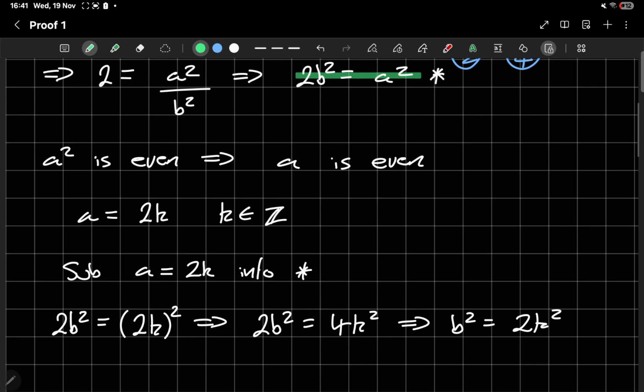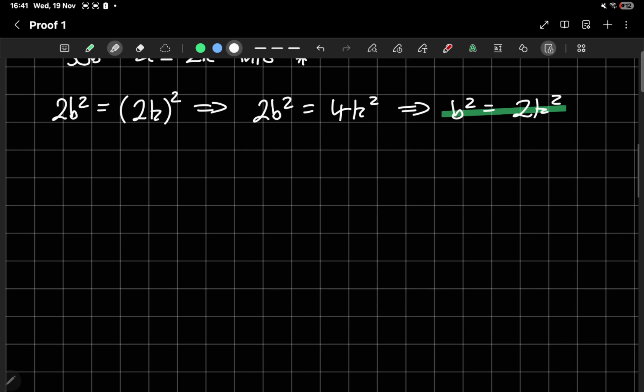Now this is very similar to what we just saw before with a squared, just the other way around. Now this tells us that b squared is even, which again implies that b is even.